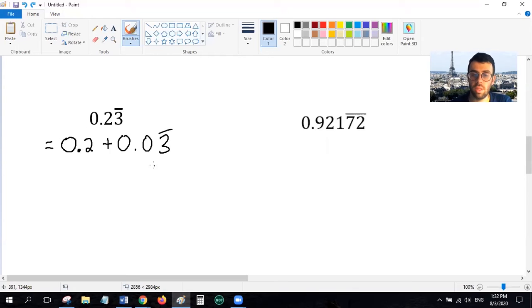So we broke it up into two different decimals, and then individually we're going to convert the first one into a fraction. That's the same thing as 2/10, just knowing that this is the 10th place, after that is the 100th place, etc. And then for this one, we're going to do something sneaky.